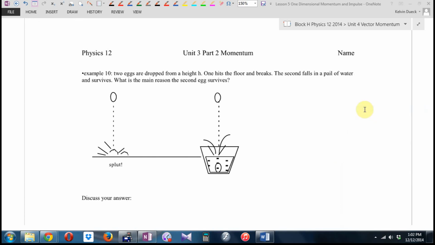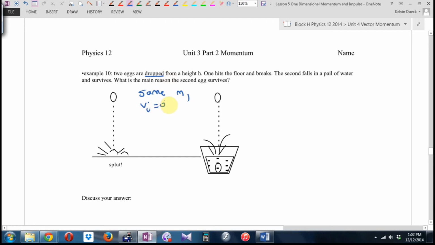How would I try and explain this? You know what? I might say something like this. They both have the same mass. What can you tell me dropped? What else is the same? Okay. If they go through the same height, what can you tell me about V final for both of them if I compare them?